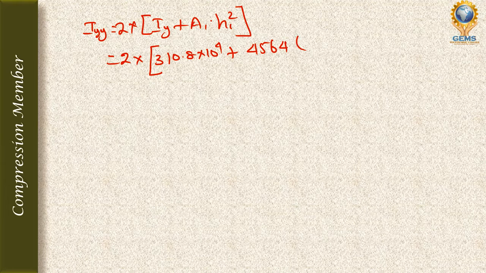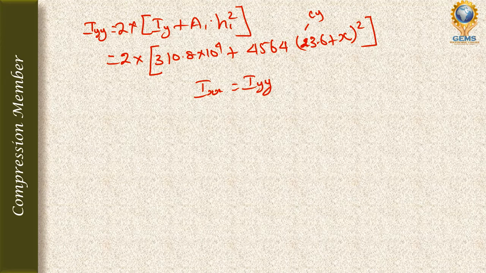How do we calculate the distance h1? That is Cy, that is 23.6, plus x, whole squared. So x we cannot find directly. So how can we find the x distance? By equating Ixx and Iyy.